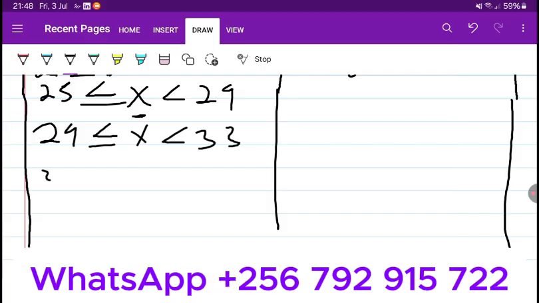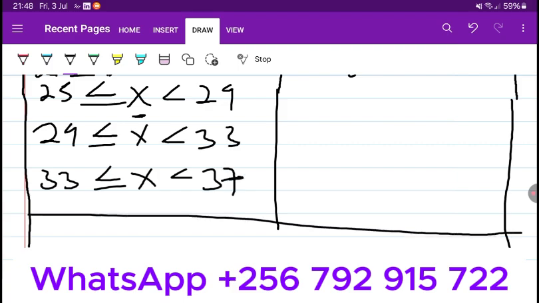And finally we have 33 less or equal to x less than 37, meaning 37 is not inclusive in this last class. So here the frequency we have, this one is 10, next one is 8, and then lastly we have a 9.